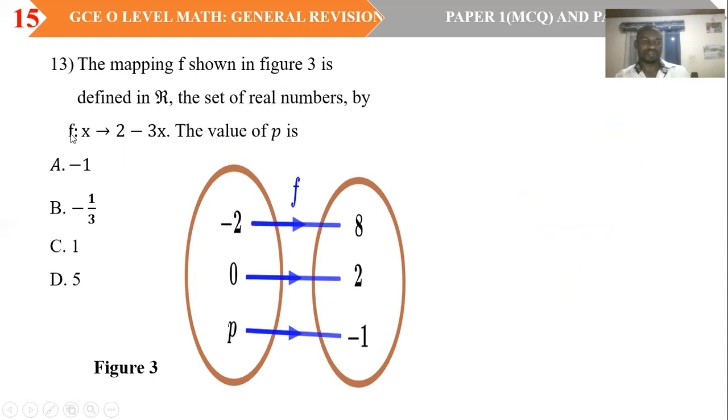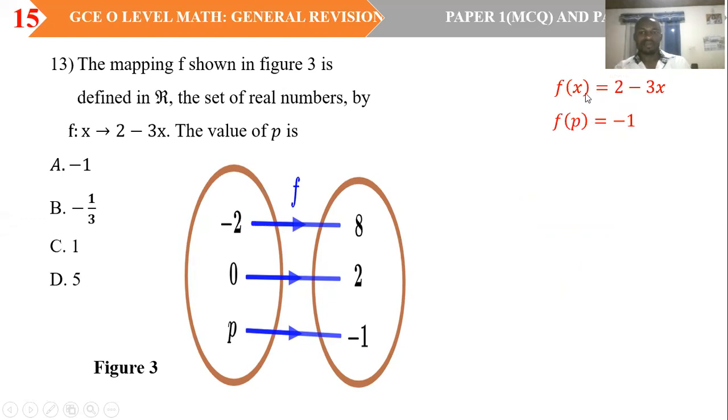Question 13. The mapping f shown in figure 3 is defined in R, the set of real numbers by f such that x maps to 2 minus 3x. The value of p is, now look here, this is the set of the domain, this is the set of the range. f of x is 2 minus 3x. Now, p maps to -1 means that f of p is -1.